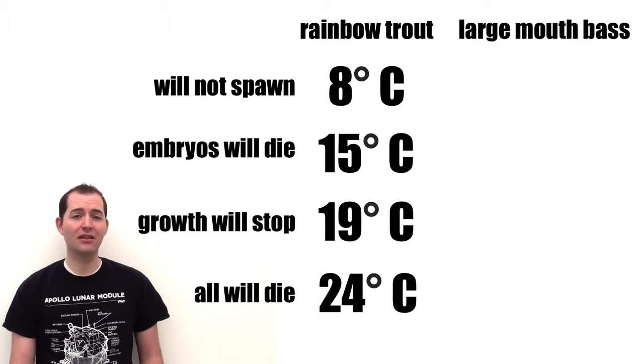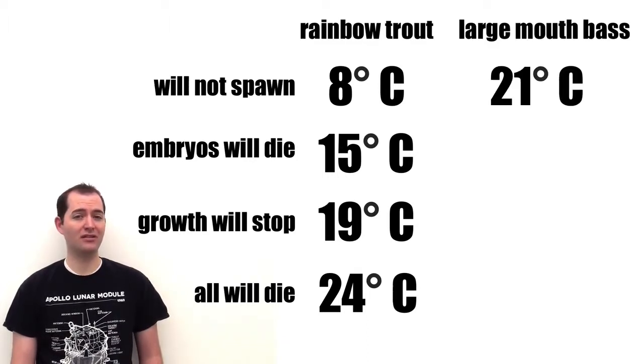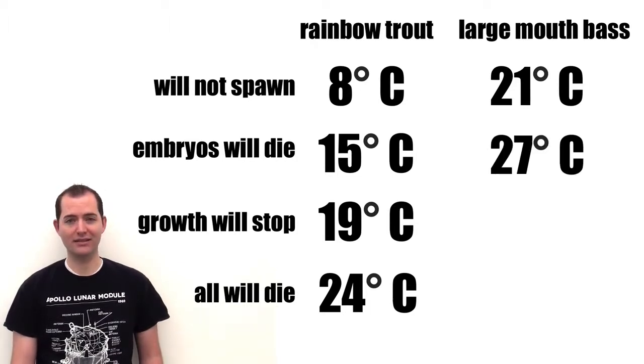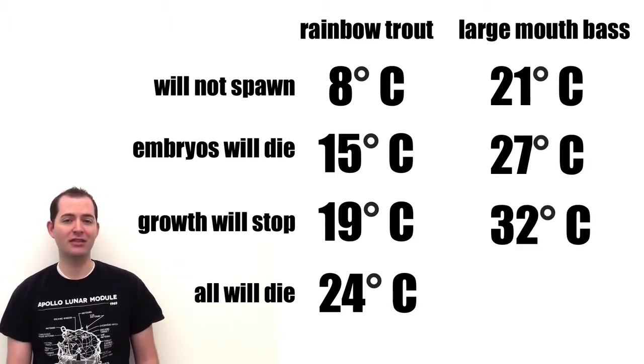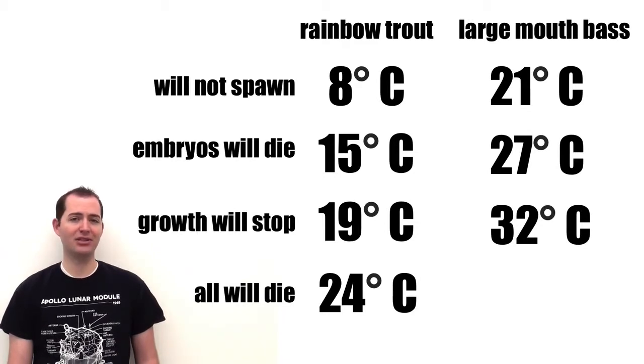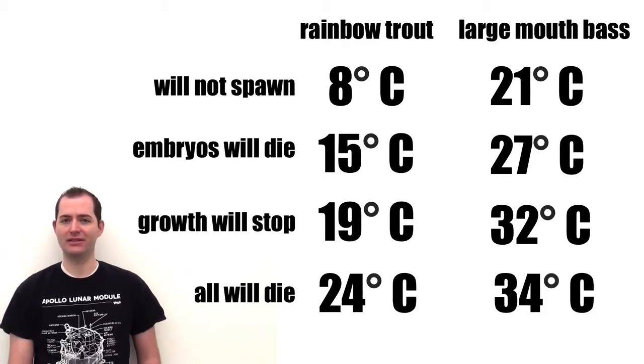As a comparison, largemouth bass will not spawn at temperatures above 21 degrees Celsius, and embryos will die at temperatures above 27 degrees Celsius. Growth of largemouth bass will stop at temperatures above 32 degrees Celsius, and all largemouth bass will die at temperatures above 34 degrees Celsius.